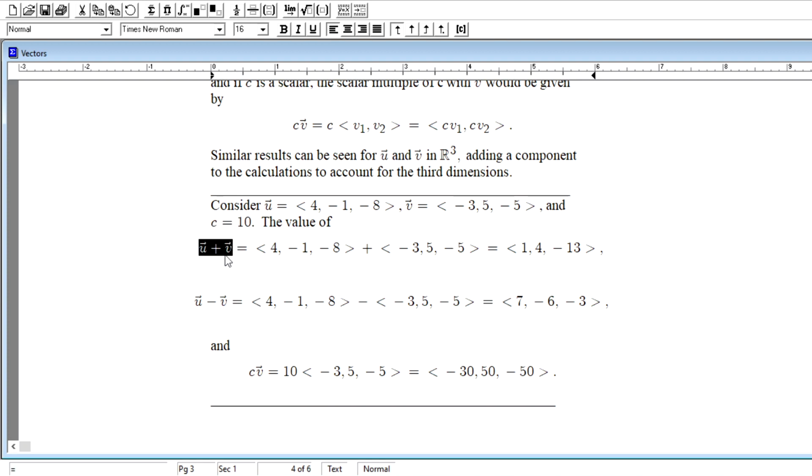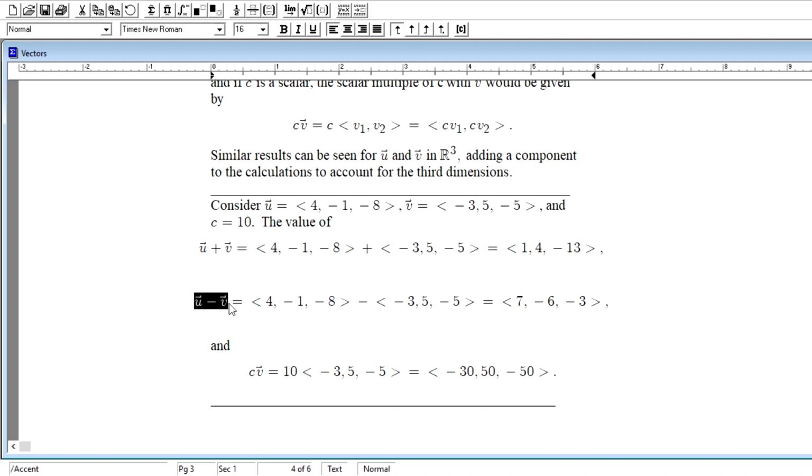If I take u plus v, going through the components: the first component of u is 4, the first component of v is -3, add those together, I get 1. Add the second component of u, -1, with the second component of v, 5, and you get the constant value of 4. And if we do that similarly with -8 and -5, the third components of vectors u and v respectively, you will get -13, the third component in the summation.